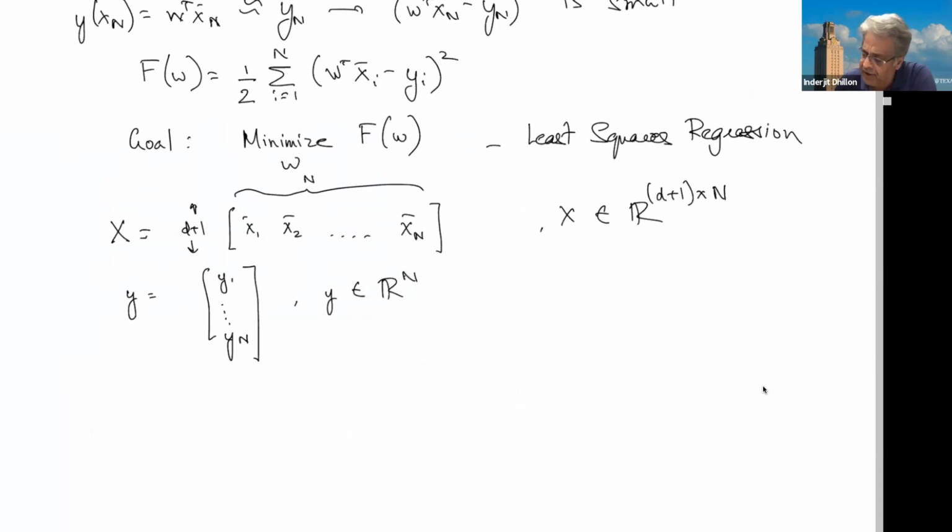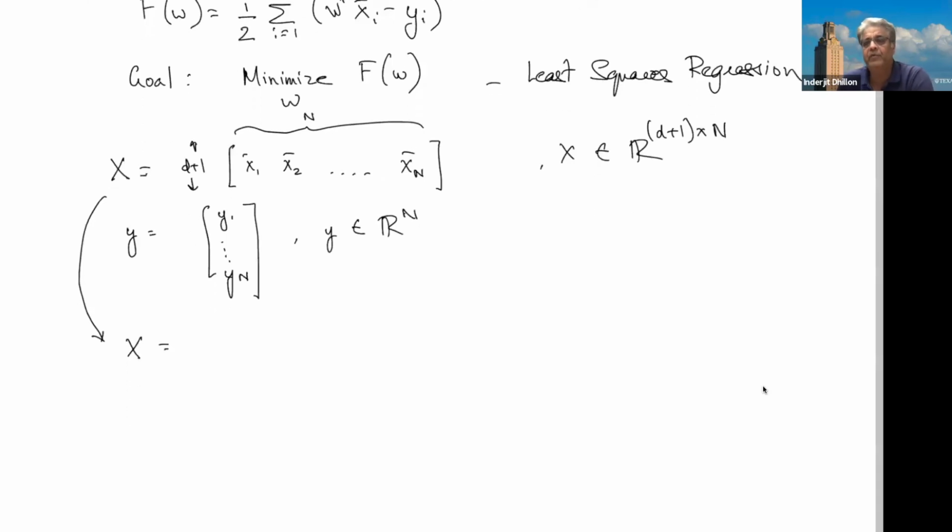And I can actually just write out X in more detail, just so that you guys realize that there are d+1 rows. So I can actually expand this out. So x1 bar is 1, x1 1, x1 2.